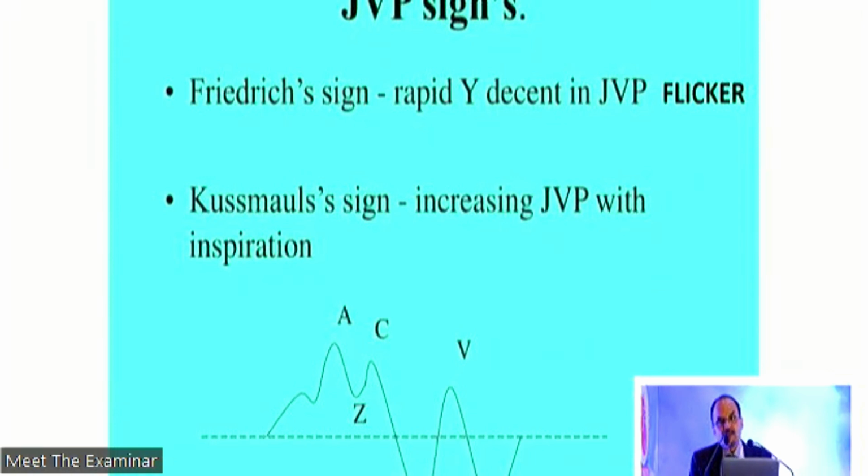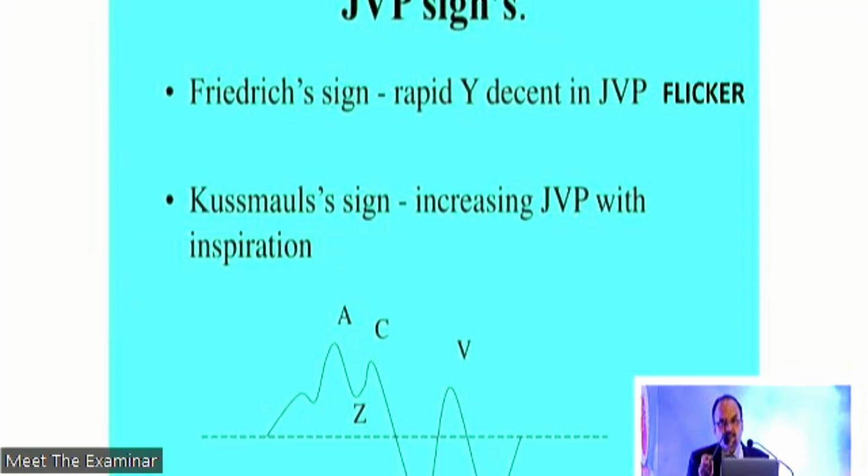We also need to understand that we have a good X descent because the atrial contraction produces a reasonable A wave, and after that, as the pressure descends into the ventricle, you get a prominent X. But over a period of time, the atrium is not able to accommodate the blood which has been coming into the right atrium, and so you also have a prominent Y wave.